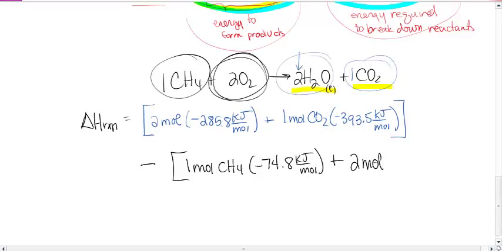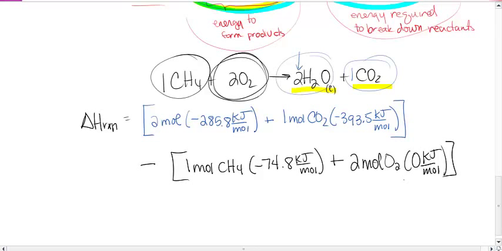So when we go back here, 2 moles of oxygen. Well, oxygen is not on the chart, but it's an element, so I know it's 0 kilojoules per mole. And now I do math. Grab your calculator, seriously. Be careful with your signs here because it is so easy to muck it up.